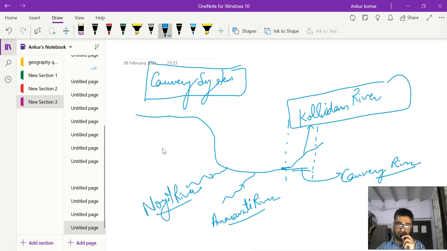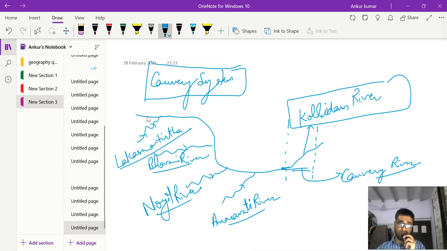After Noil, you have the Bhavani River. Bhavani River, here you have Bhavani, right? After that, you have Laxman Tirtha here. This is Laxman Tirtha River here, right?